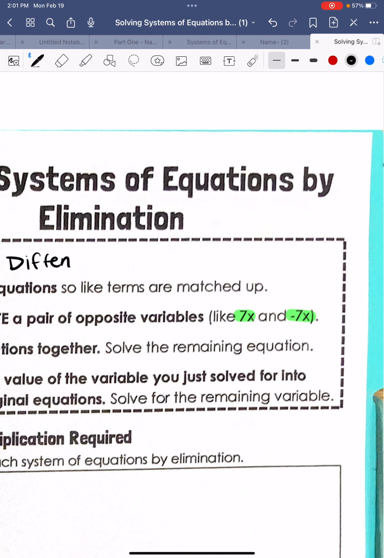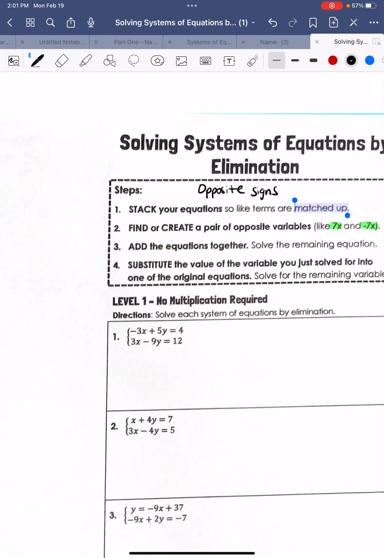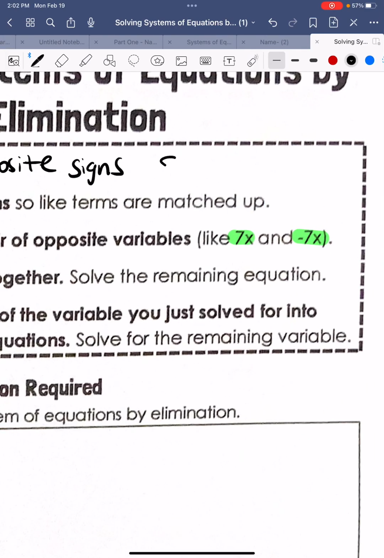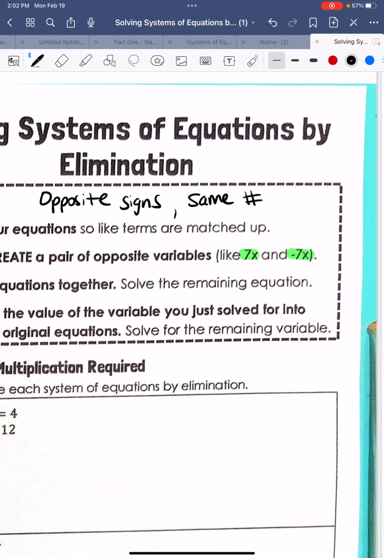Opposite signs, I should say. Let me just change that up. Opposite signs, so you need one plus, one minus, and the same number. That is the goal, to create those opposite pairs.